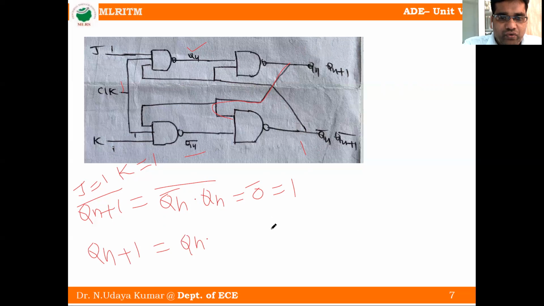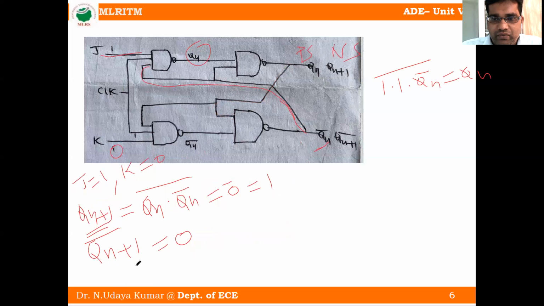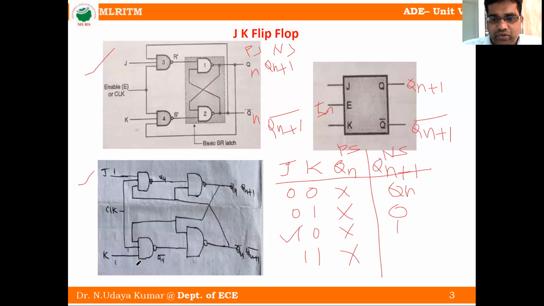So Qn into 1, whole bar, is equal to Qn bar. So Qn bar we got. So what is the next state here? Qn plus 1 is equal to Qn bar.